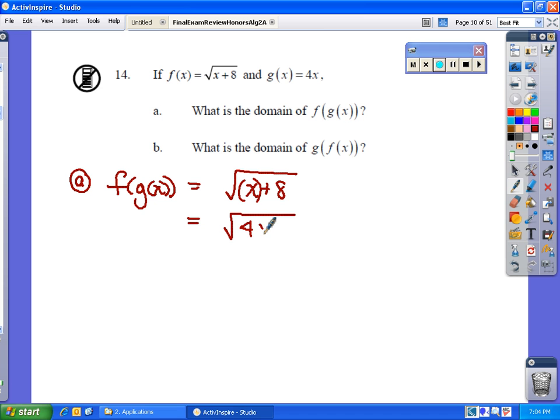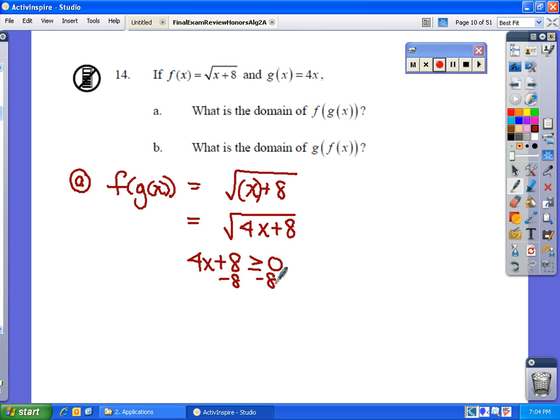of 4x plus 8. We do need to restrict the domain of a square root function because we can only take the square root of a positive number or 0. So let's set up 4x plus 8 and make sure that it's greater than or equal to 0.